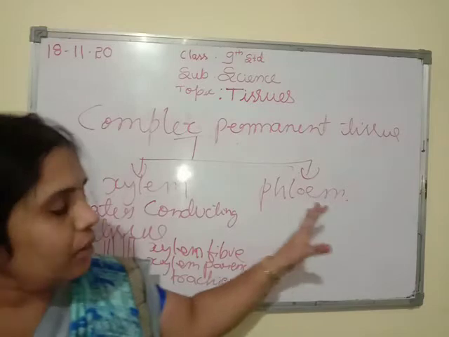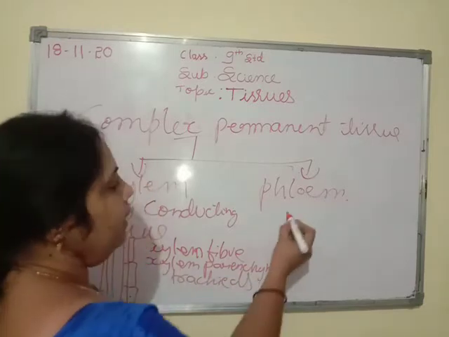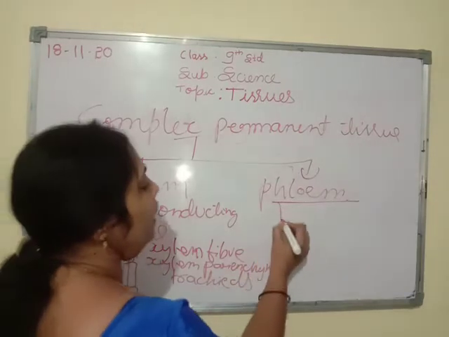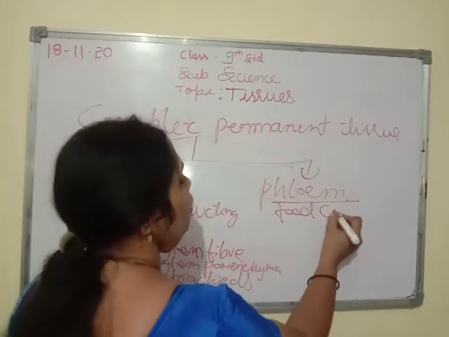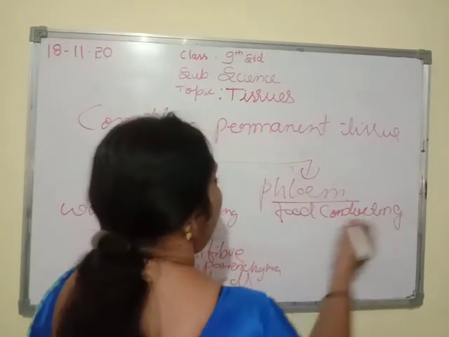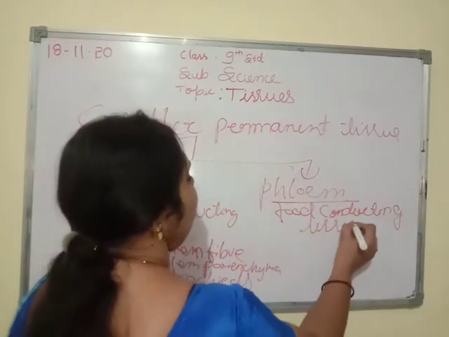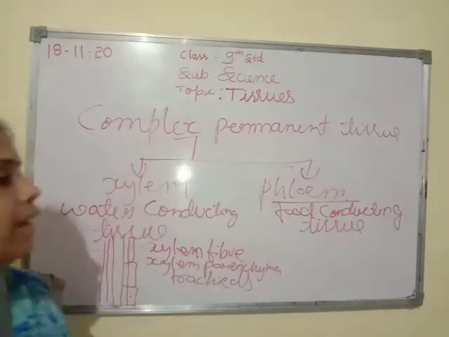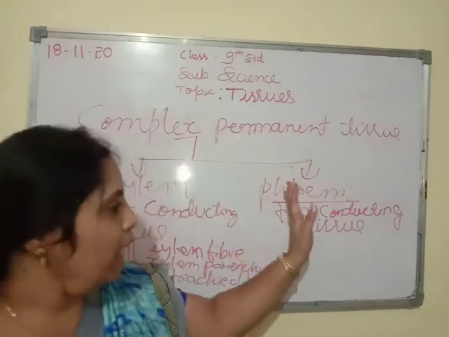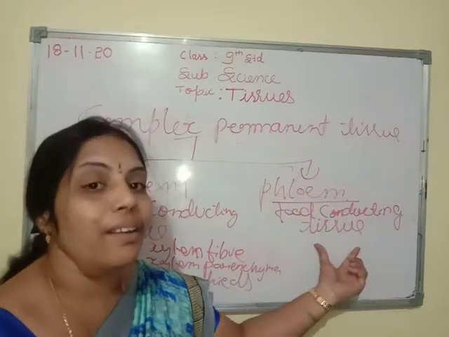Okay, and also the phloem. The next one is the phloem. It is known as food conducting tissue. Xylem is a water conducting tissue and phloem is a food conducting tissue.